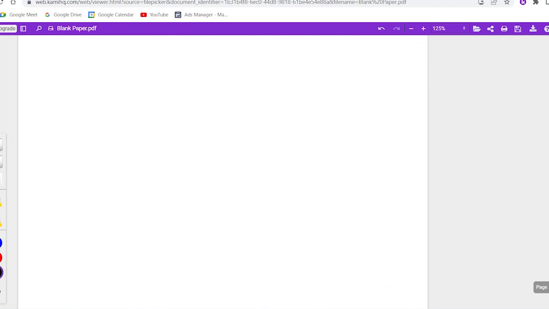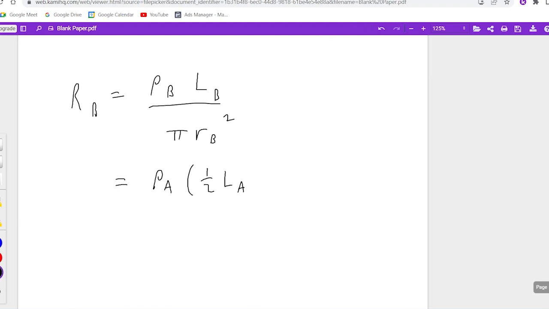So let me show you what I'm talking about. I'm saying RB equals, you don't have to write this, I'm just rewriting it, rho B LB over pi RB squared. So I can rewrite this as rho A, because that was identical, times 1/2 LA, because that's what LB equaled, divided by pi times the quantity 2RA quantity squared.